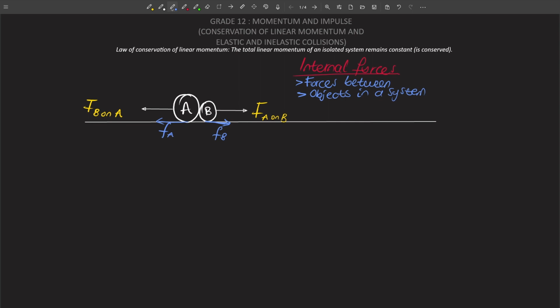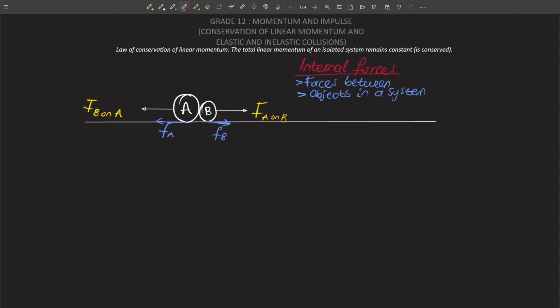When the mass is constant and there are no other external forces acting on the system, the entire system is said to be an isolated system. What is an isolated system? An isolated system is a system on which the net external force, not just the net force, but the net external force acting on the system is zero.